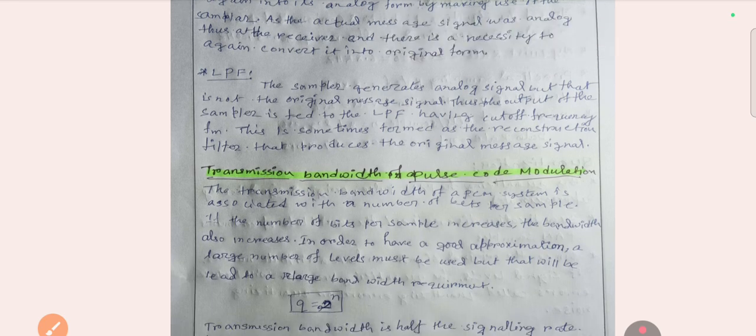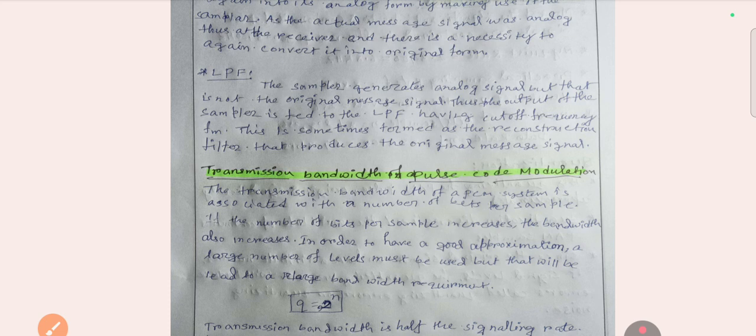Transmission bandwidth of pulse code modulation. The transmission bandwidth of a PCM system is associated with the number of bits per sample. If the number of bits per sample increases, the bandwidth also increases.